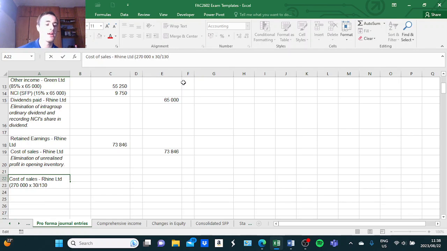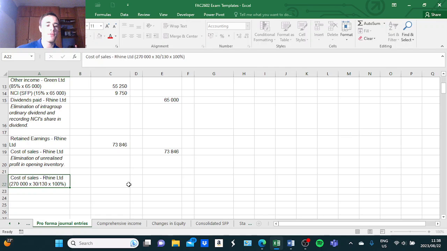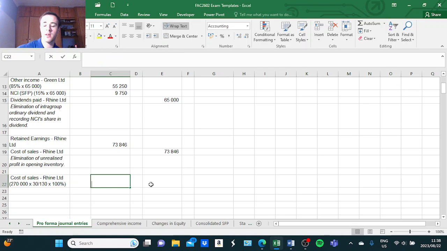Keep that in mind. As I've said, 100% of this value includes unrealized profit that must be eliminated. So the total unrealized profit in closing inventory is 62,308.